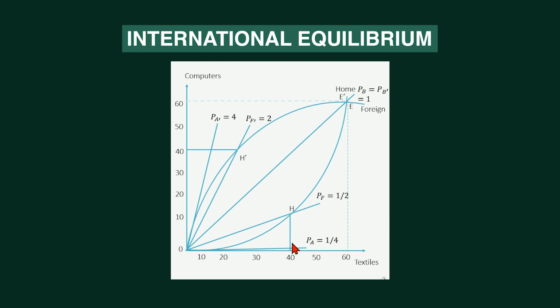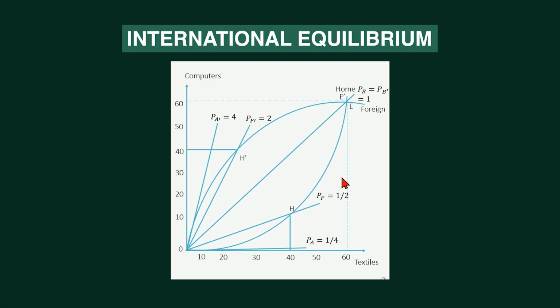So what is the implication? The implication is that your demand for computer is much less than the supply of computer by the foreign economy. If the demand is less than supply, what will happen? There is excess supply of computer in the market. If there is excess supply of computer in the market, then the price of computer should go down.